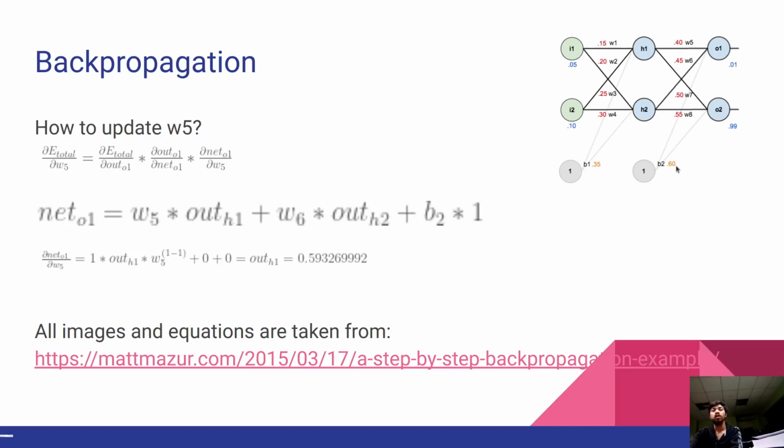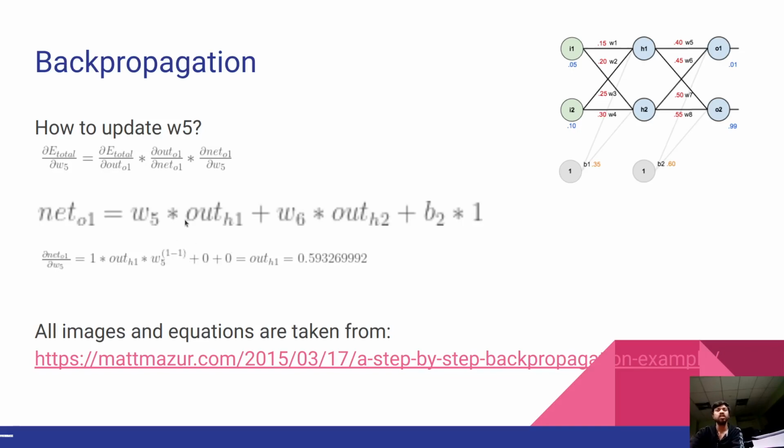If you take the derivative with respect to W5, this part contains W5, so the derivative of W5 with respect to W5 will be 1, and this will remain the same.